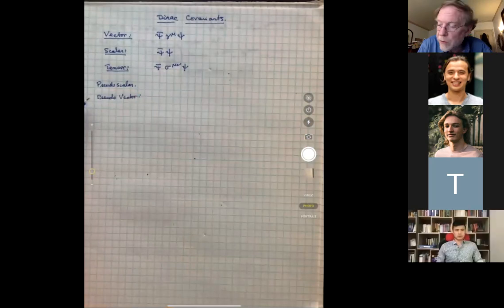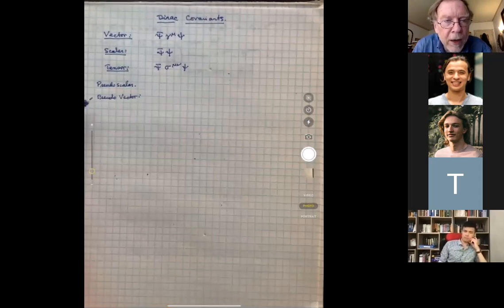I'm sorry, my confusion. It's a true vector if it changes sign under an improper rotation.